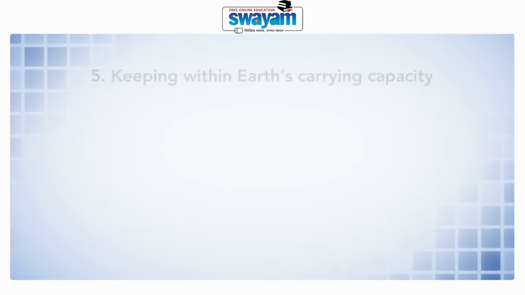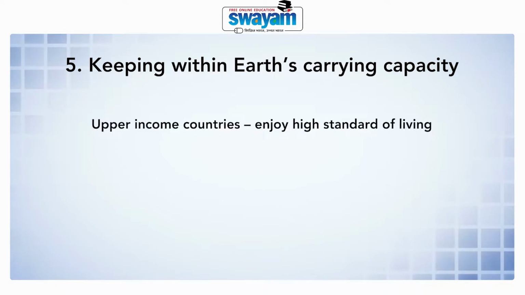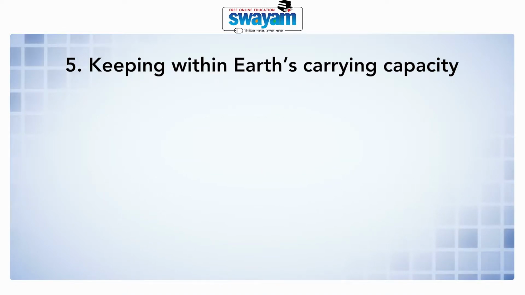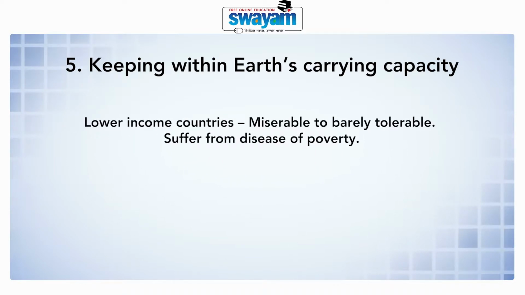The fifth strategy is keeping within Earth's carrying capacity. As we saw, this was one of the first guiding principles of the Sustainable Development concept of caring for Earth strategy. The upper income countries enjoy a high standard of living, and the lower income countries are miserable to barely tolerable.